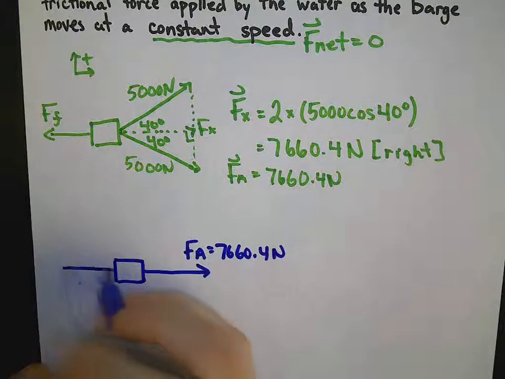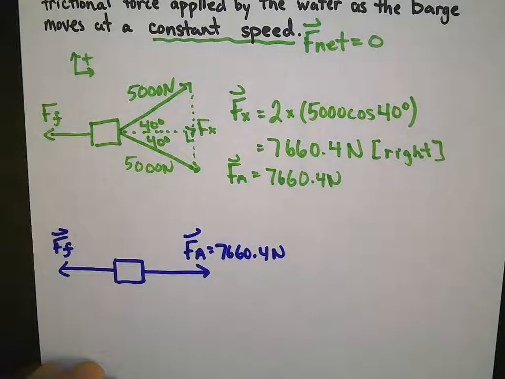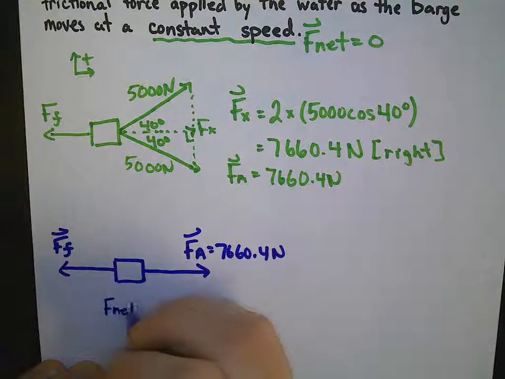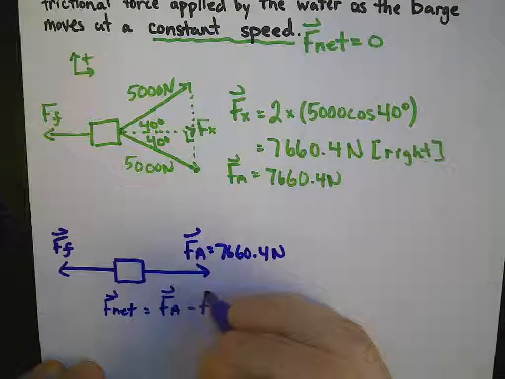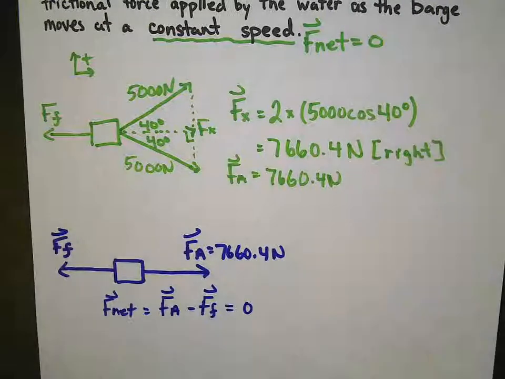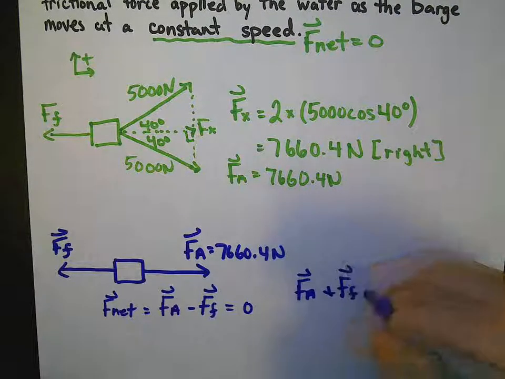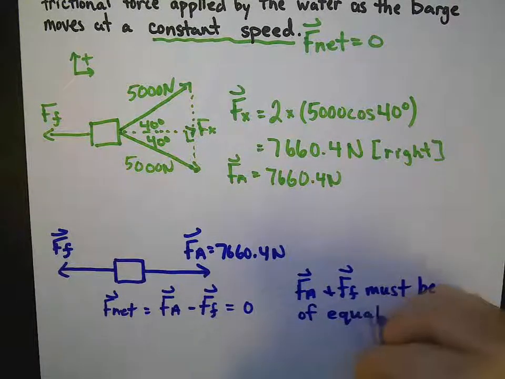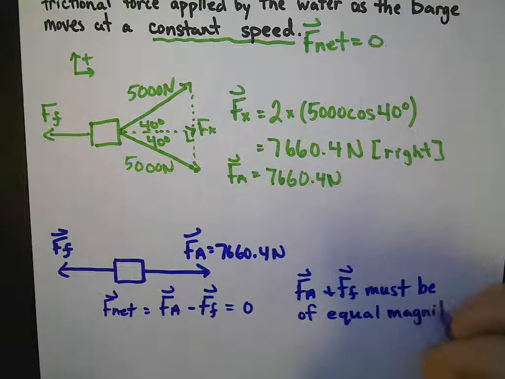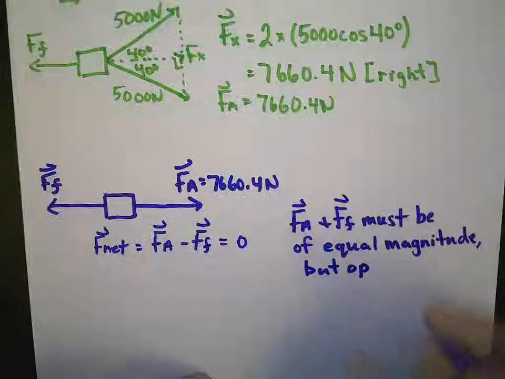and a frictional force acting in the opposite direction. So that tells me that our net force, which will be my force applied minus my frictional force, and because it's a constant speed is 0, that means the force applied and my frictional force must be of equal magnitude but opposite in direction.